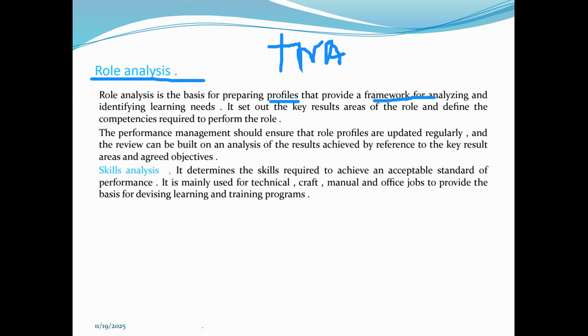It sets out the key result areas of the role and defines the competencies required to perform the role. So performance management should ensure that the role profiles are updated regularly, and the review can be built on the analysis of the results achieved by reference to the key result areas and agreed objectives.